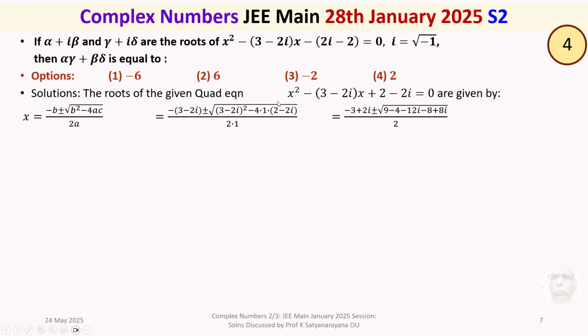A is 1, b is minus of (3 minus 2i), and c is 2 minus 2i. Substitute in this and simplify. You will get (3 minus 2i) plus or minus the square root of minus 3 minus 4i, whole by 2.